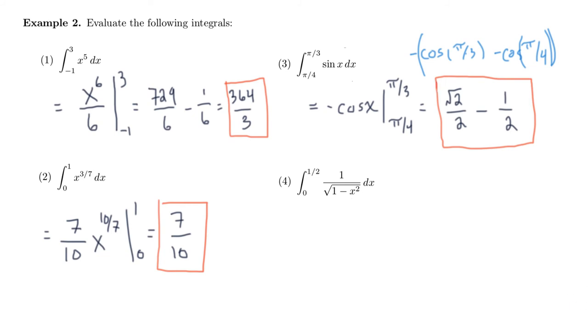Now this last function is again a little bit tricky. So we got to think, what is an antiderivative of 1 over square root of 1 minus x squared? Well, if you think back, this looks like the derivative of an inverse trig function. And in fact, it's the derivative of inverse sine of x.